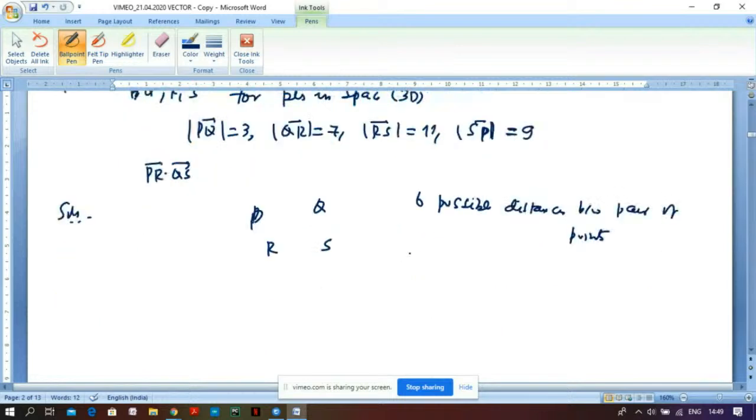For example, here you have got PQ, PR, PS, then QR, QS, and RS. So you've got 1, 2, 3, 4, 5, 6. So there are the 6 possible distances between pairs of points. This involves already 4 distances: PQ, QR, RS, SP, and the remaining PR, QS are found here.